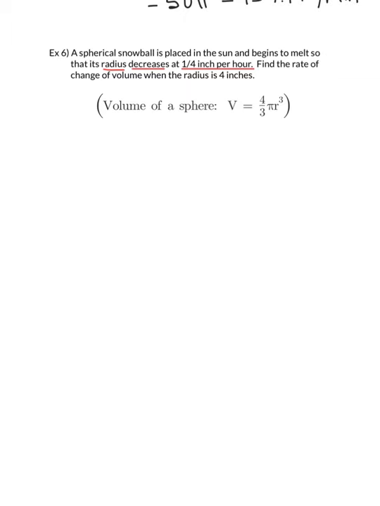Because that is a rate of change, we know that dr/dt is, and this is important because it's decreasing, it's negative. I'm going to write it as negative 0.25. Moving forward, find rate of change of volume. dV/dt is what we're looking for.